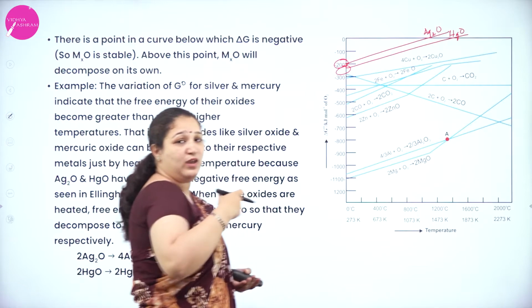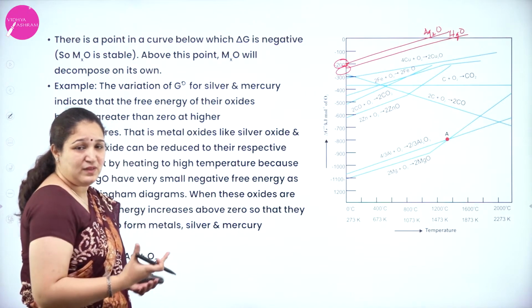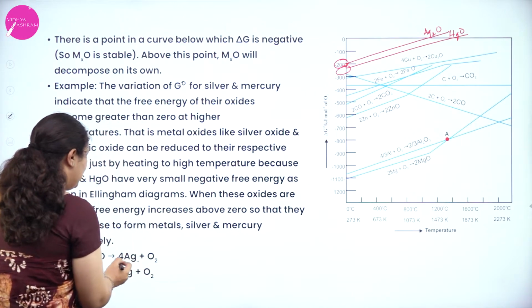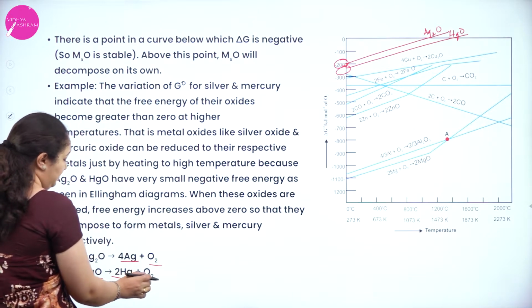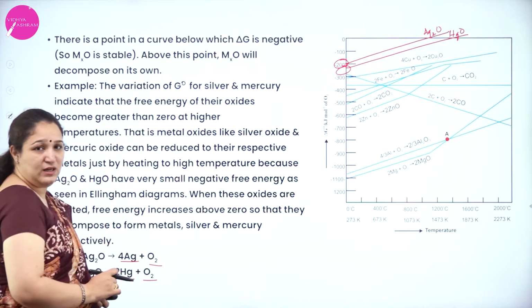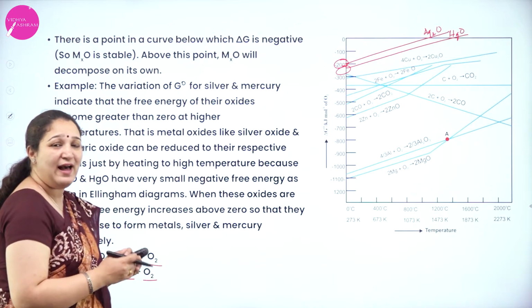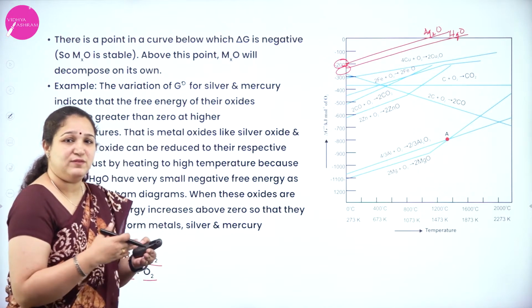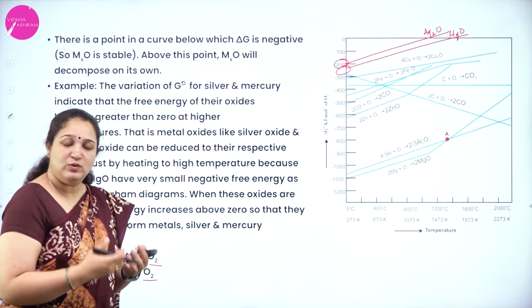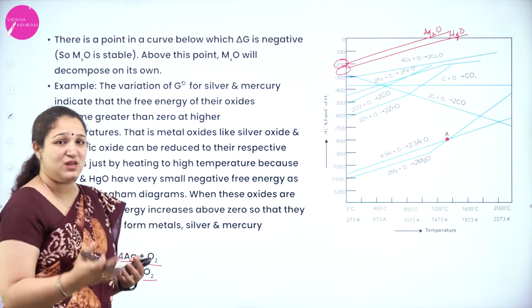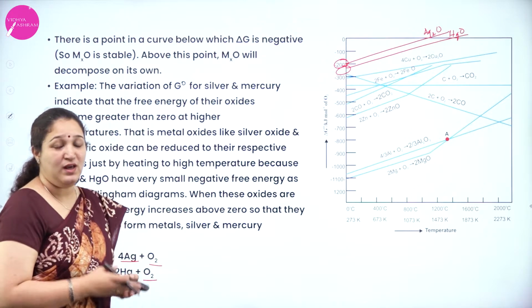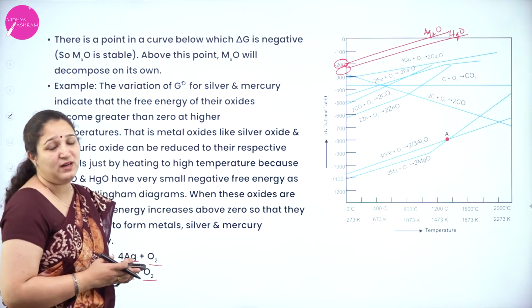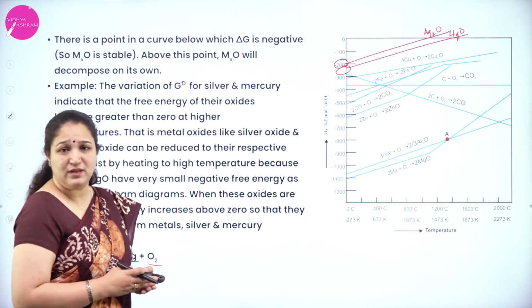So if I just heat them, it is sufficient to get silver. Oxygen will be liberated. Mercury oxide, if you heat it, you will get mercury and oxygen will be liberated. So those which have a less negative delta G0 value, only by heating without using any reducing agent, we can extract the metal. So this is one more thing you can predict from the Ellingham diagram.